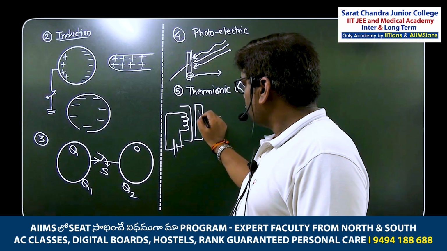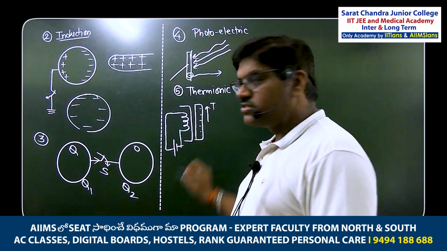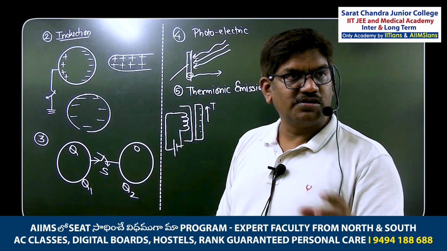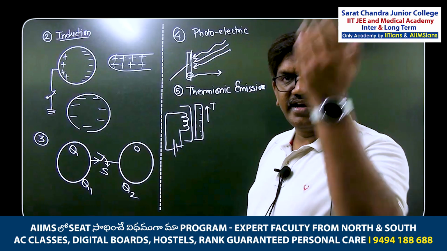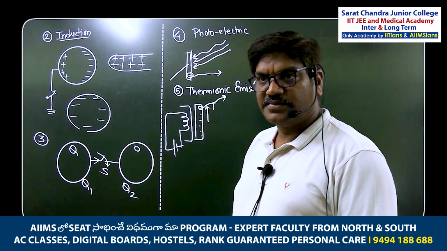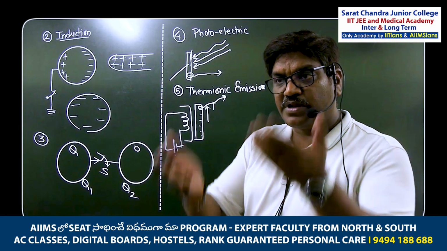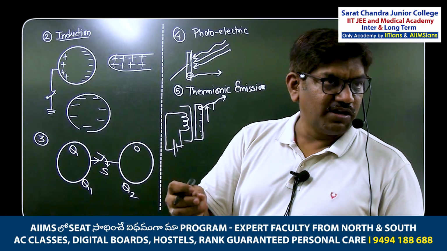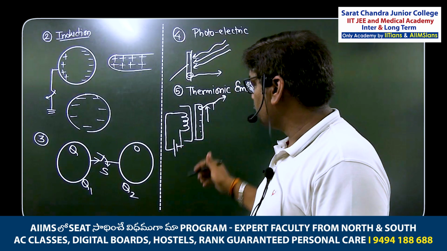As the temperature increases, the electrons get higher and higher kinetic energy. With temperature, what happens to the kinetic energy? Increasing. So they get sufficient energy and they leave. This is called thermionic emission. If electrons leave by temperature increase, they are responsible for charging of the body. So this is another method.